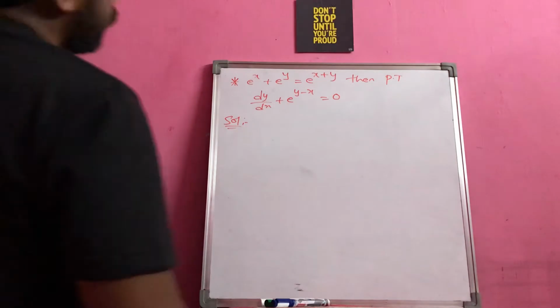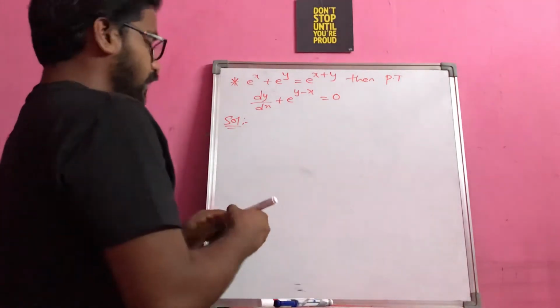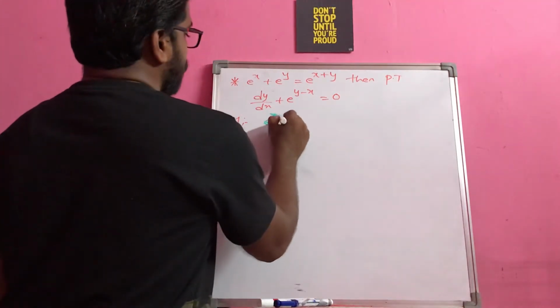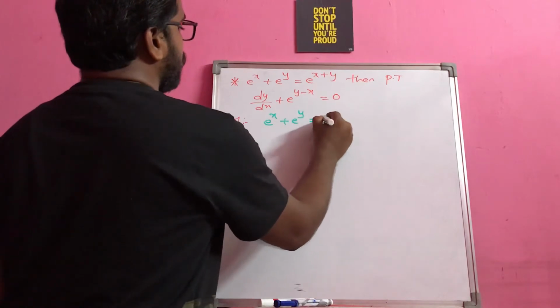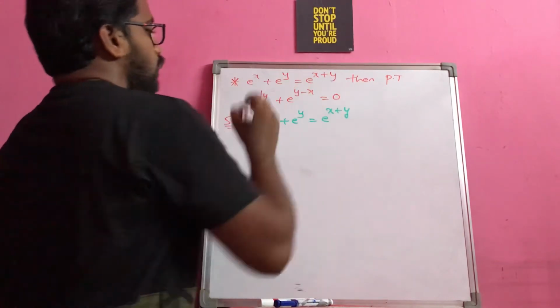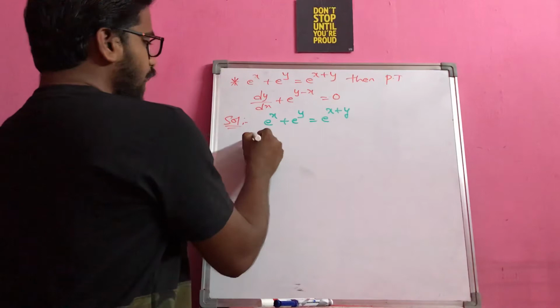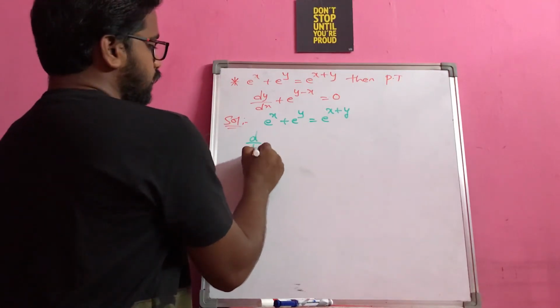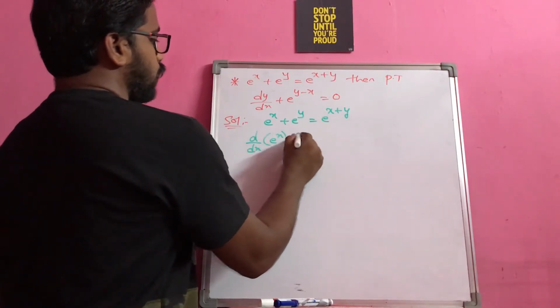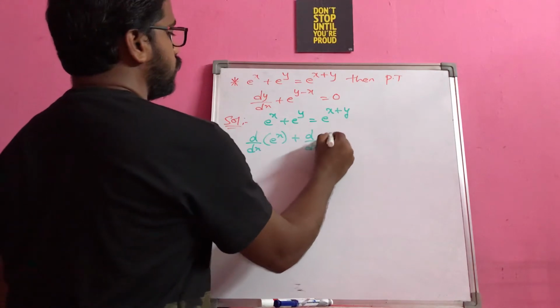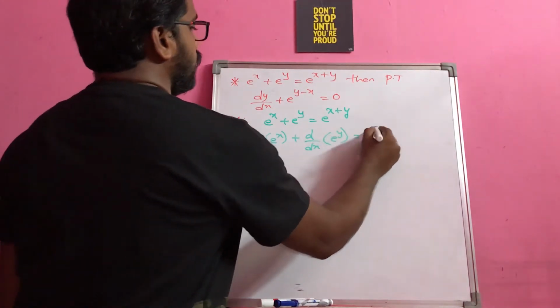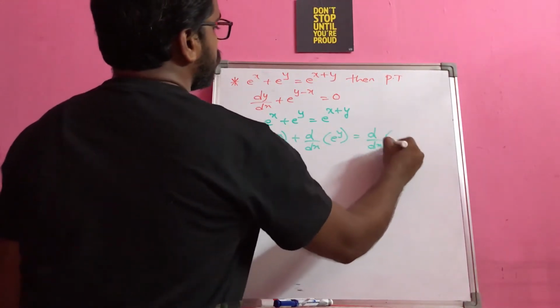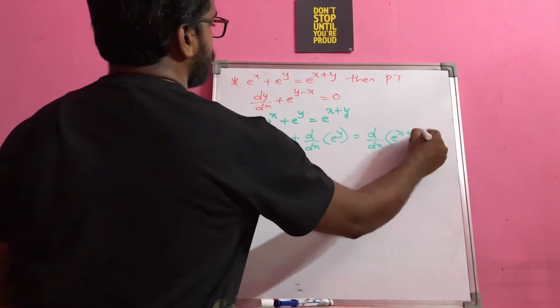Okay, so this is e power x plus e power y is equal to e power x plus y. So I will apply differentiation on both sides. D by dx of e power x, you can split the differentiation for both the terms. You will be getting d by dx of e power x plus y.